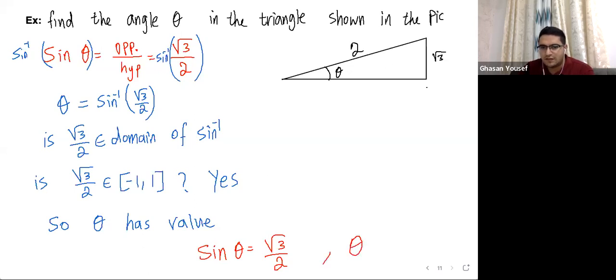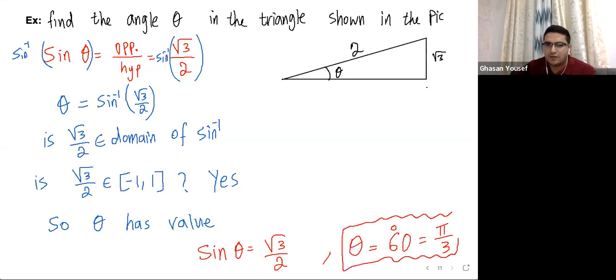So theta here equals 60 degrees, or you can say pi over 3. Pi over 3 is 60 degrees. So the value here of theta is pi over 3.